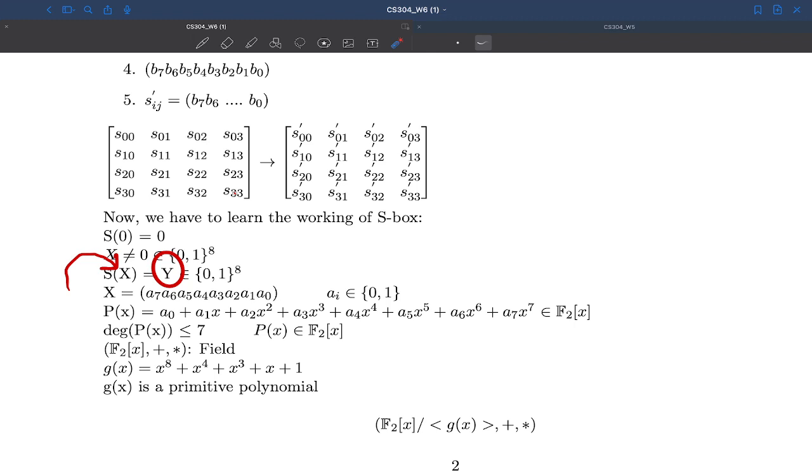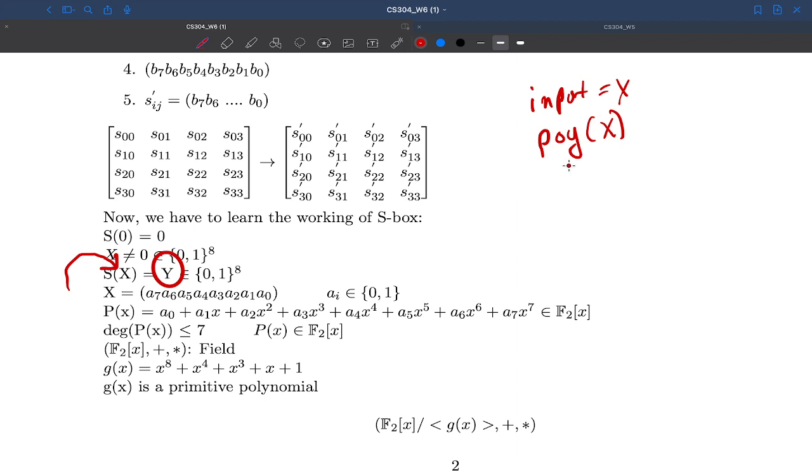So whatever we performed here is to find the output of the S-box corresponding to an input X. Okay. If I summarize what I'm doing, let's say my input to my S-box is X. First of all, I convert X to a polynomial.